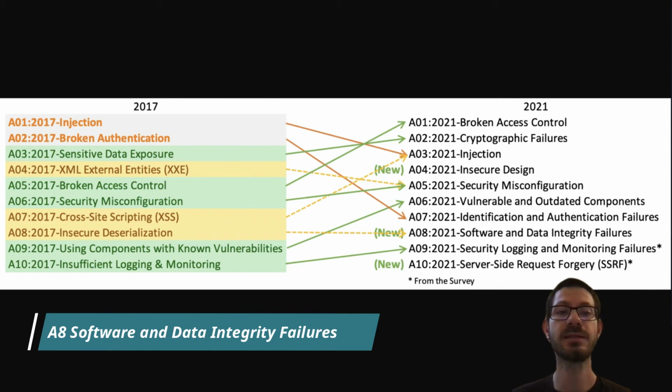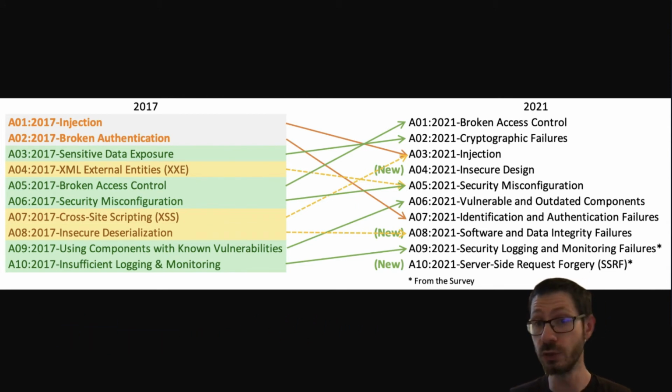Then insecure deserialization is now included in a new category, which is software and data integrity failures. So data failures can occur in the code, just like before with insecure deserialization, but it can also occur in CI/CD pipelines, where attackers could have a huge impact on the production by doing everything the CI/CD pipeline has the rights for.